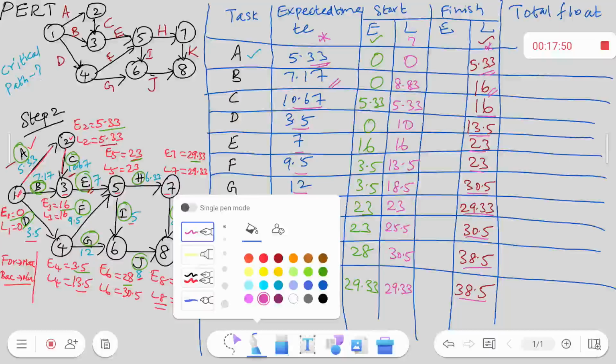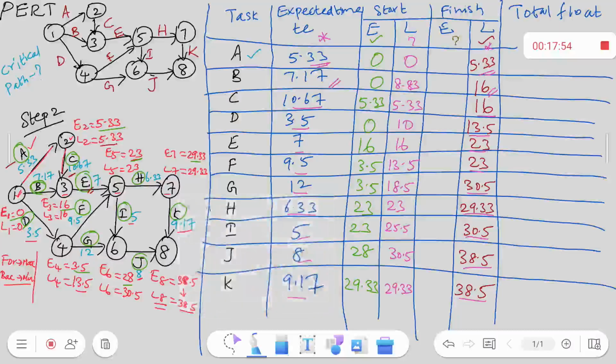My next job is to fill out the earliest finish time. To find the earliest finish time, I have to add the expected time plus the earliest start time.